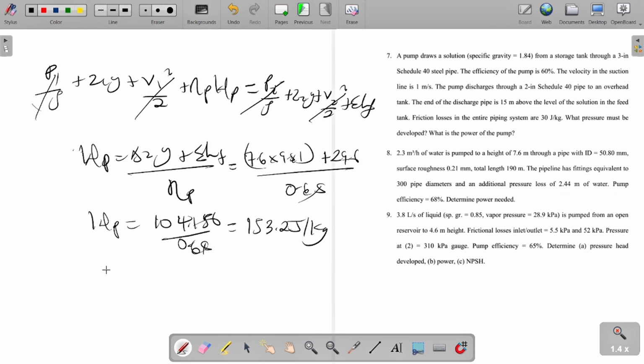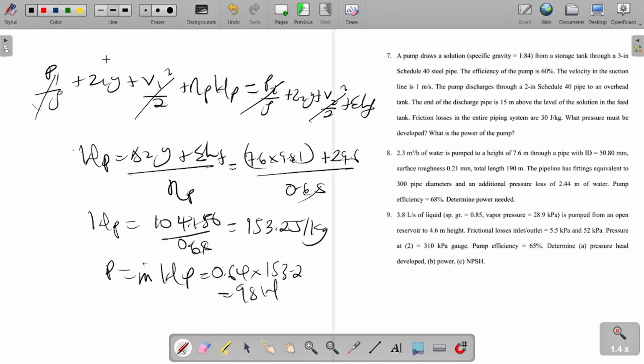And so that's the WP. So now you can find the power. So the power is the mass flow rate times the work, right? So the mass flow rate becomes 0.64, then the work is 153.2, which gives us 98 watts, right?